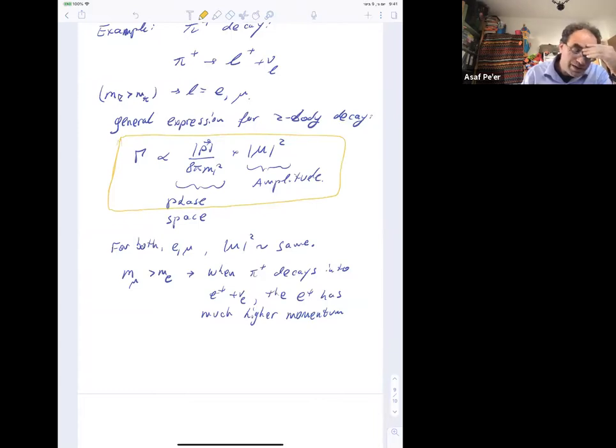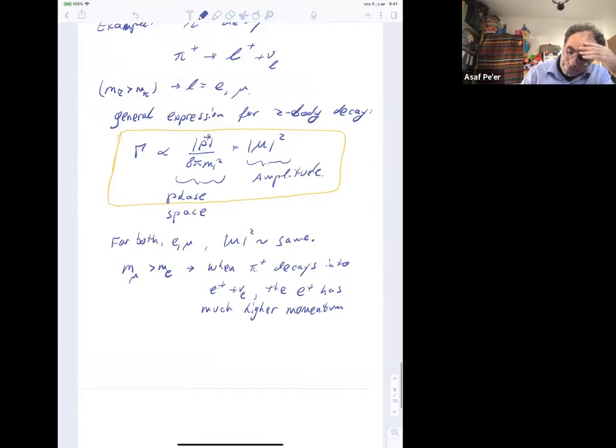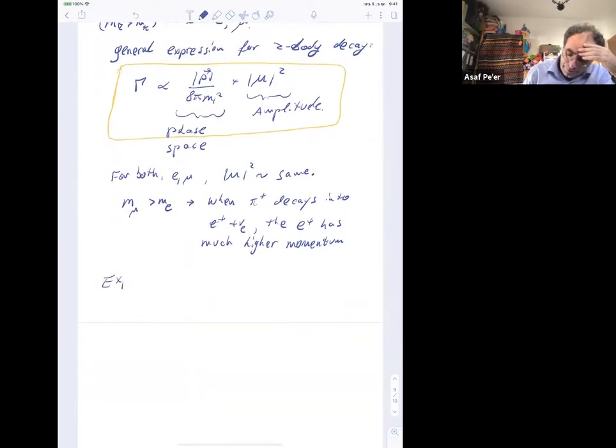But that's not what we're seeing. Experimentally, 99.98% of the time, the decay goes into a muon. L is equal to muon.